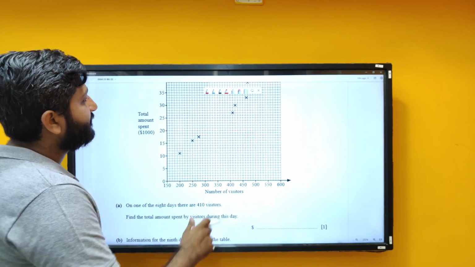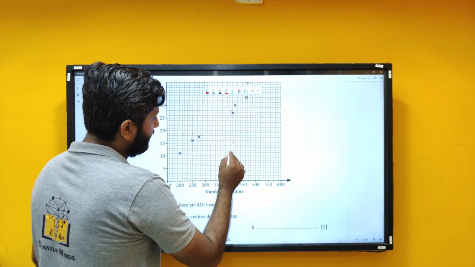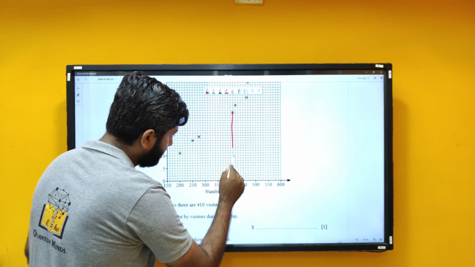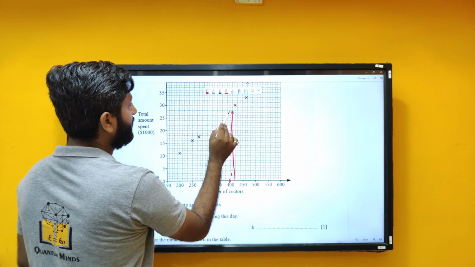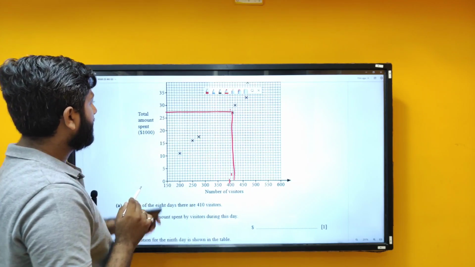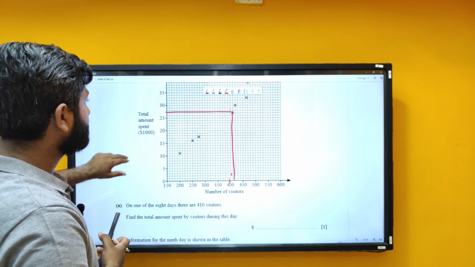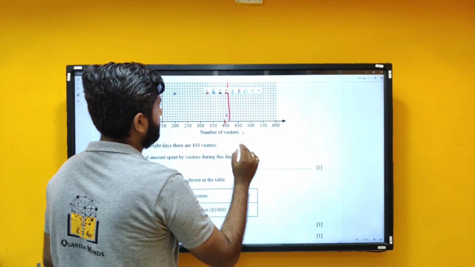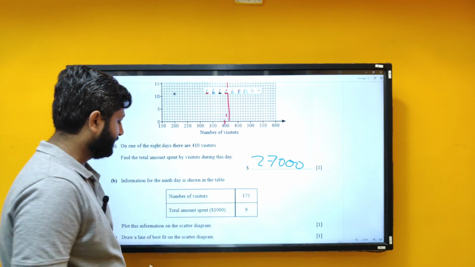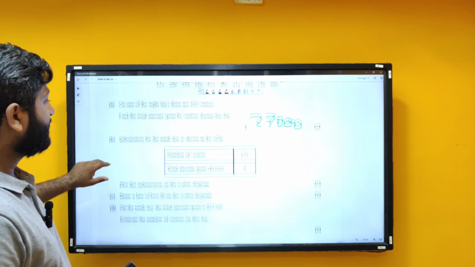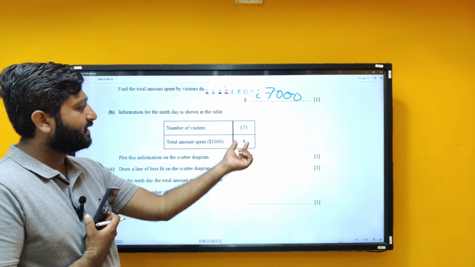So on that day, the amount spent is $27,000. Next, the number of visitors is 175 and the amount spent is $9,000.